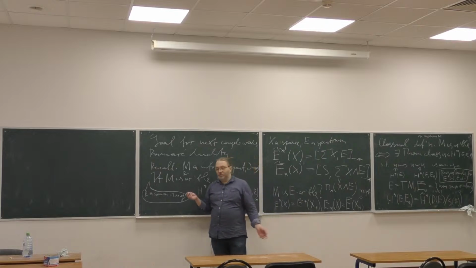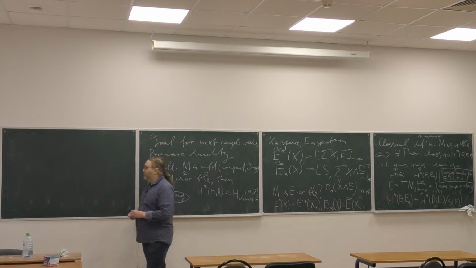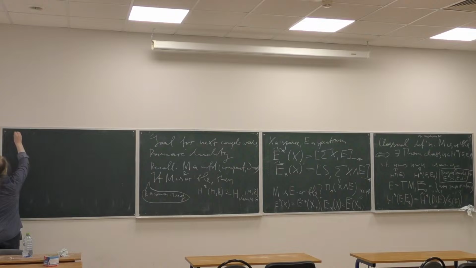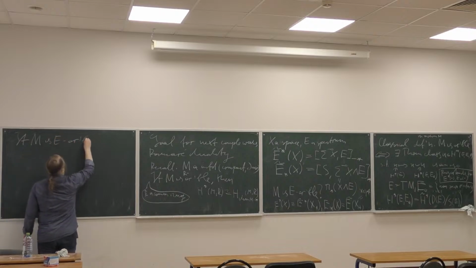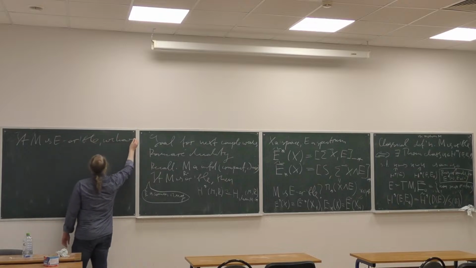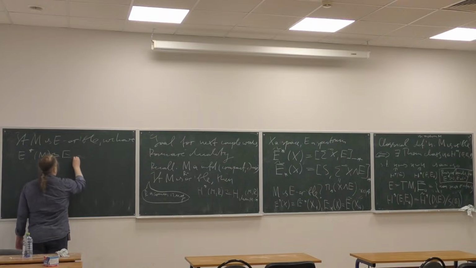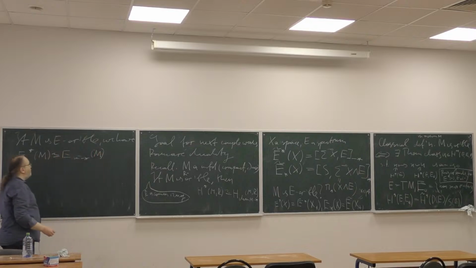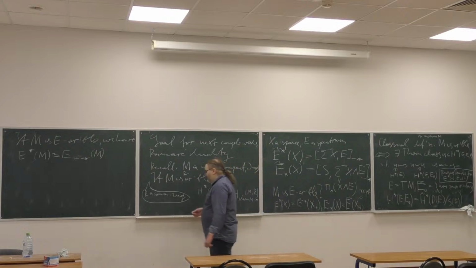And the conjecture, which sounds plausible, is that we have the same isomorphism for, if M is E-orientable, then we have basically the same isomorphism.